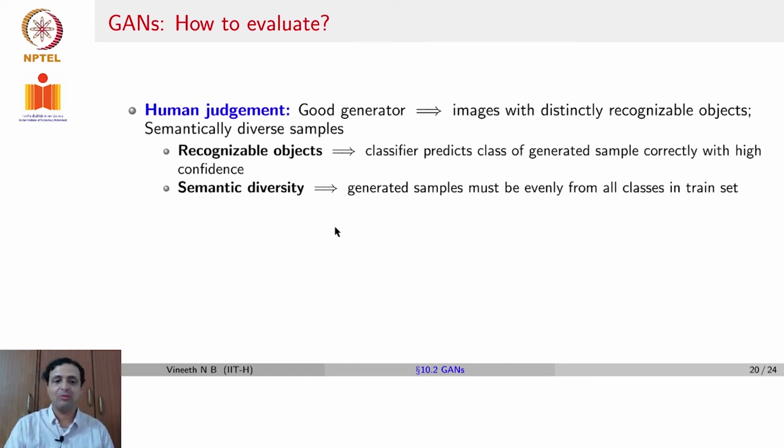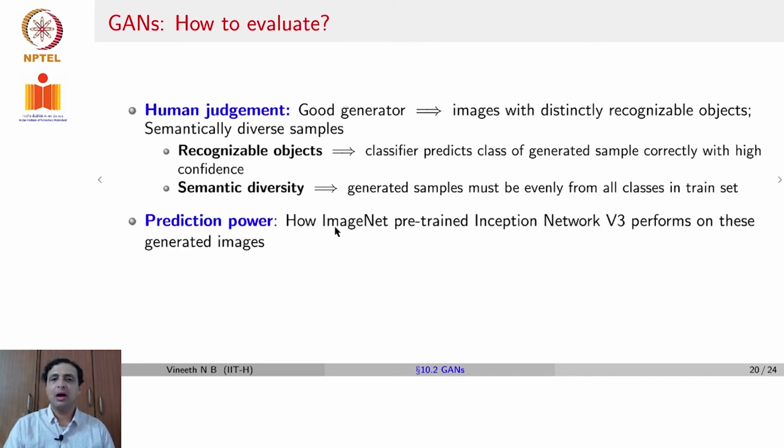That's one way of evaluating GANs. Another way of evaluating GANs is looking at the prediction power of, say, you can take an ImageNet pre-trained Inception network V3 and see how it performs on the generated images to understand the quality of generated images. If it performs well, perhaps the images are fairly representative of a dataset such as ImageNet.